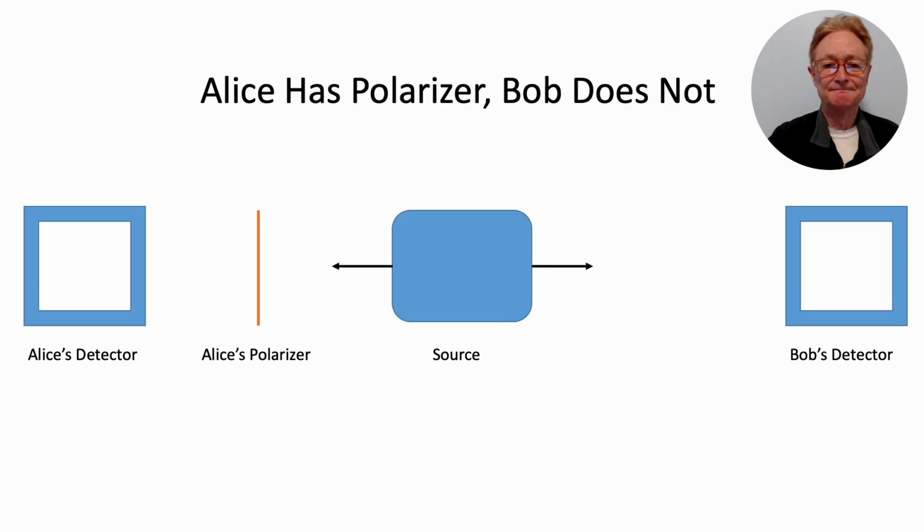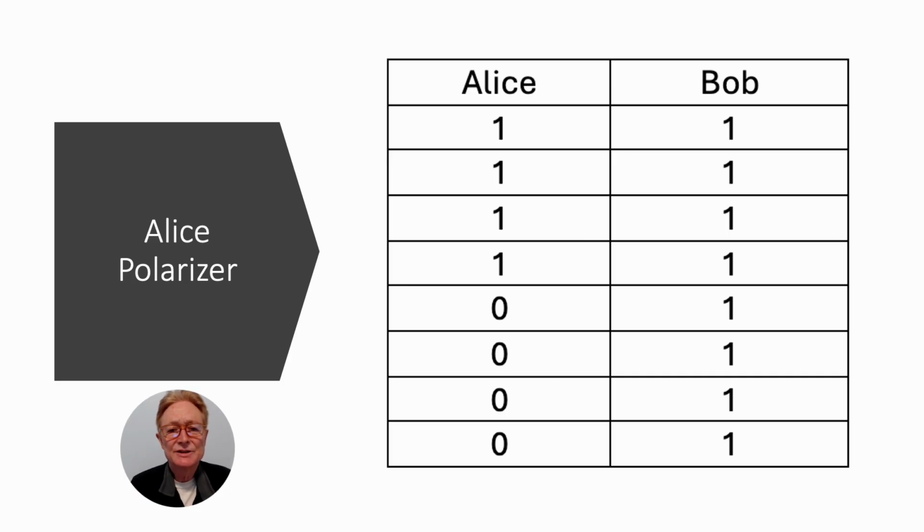Photons emitted, and both Alice and Bob's detectors click. In 8 such trials, regardless of how Alice's polarizer is oriented, her detector has 4 clicks and Bob's has 8. Alice's 4 clicks are random. I've just organized the trials here. Note that 0 denotes a trial where the detector didn't click.